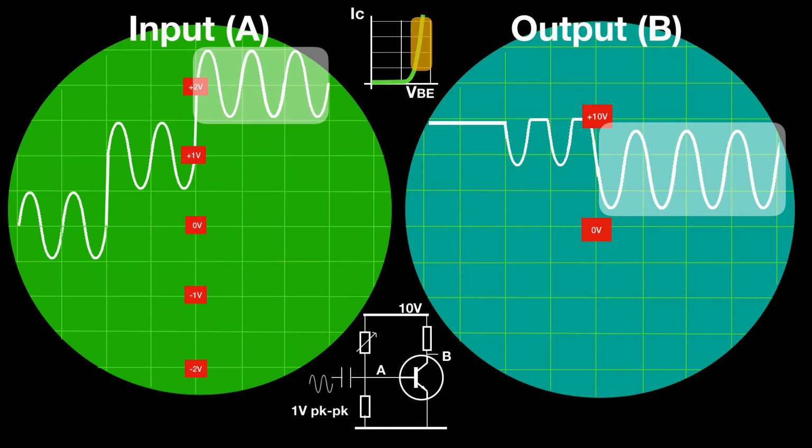But notice that in all these cases, or at least in the second 2 cases, the output voltage is in antiphase to the input voltage. The output current is in phase, but because the current is developing a voltage across RC, the output voltage is in antiphase.